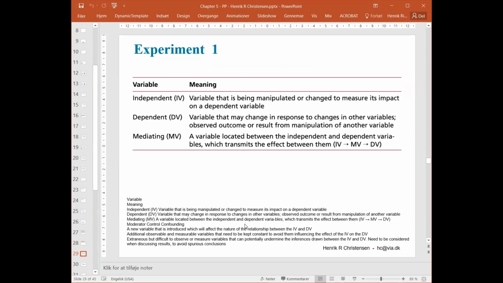First, let's take a closer look at experiments. What is an experiment? An experiment is basically what the word says. We are experimenting with something. So it means that if you do an experiment, you could say, what happens if I mix a drink with water, lemon, and vodka?